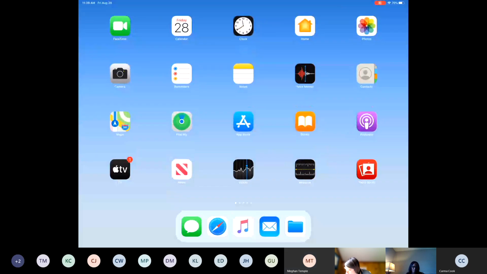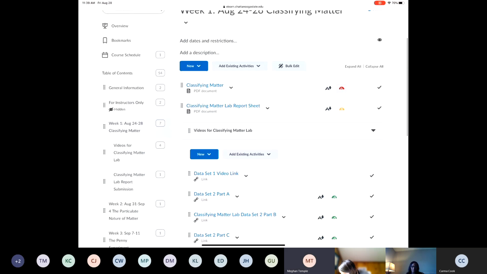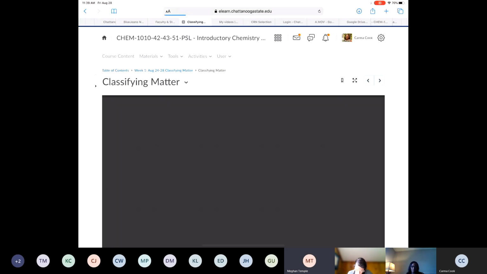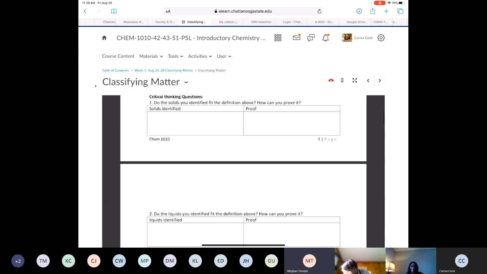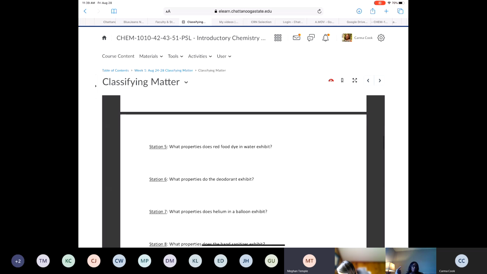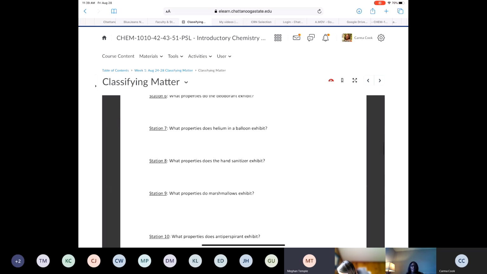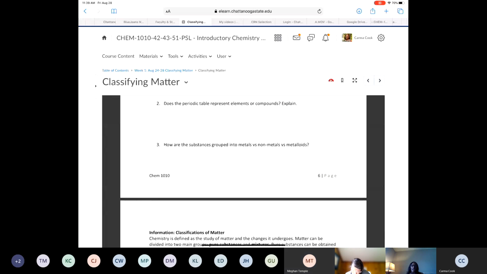Okay. I'm in eLearn. If you go to the classifying matter, it's in that one. Yes, this is not in the lab report one. Right. This is the full lab document. It has all the instructions in it. You need to print each document that I post each week.